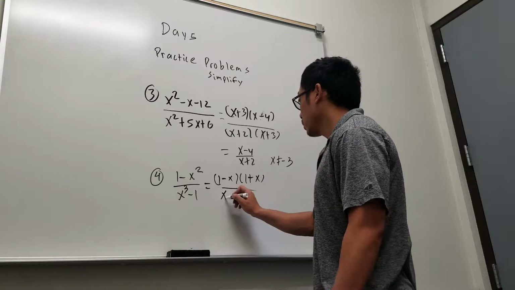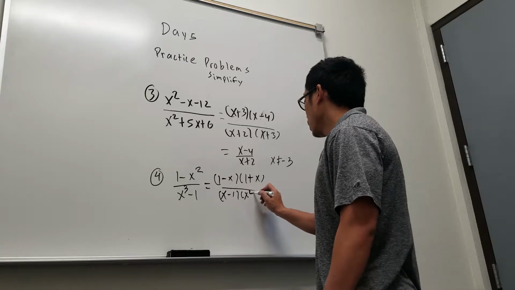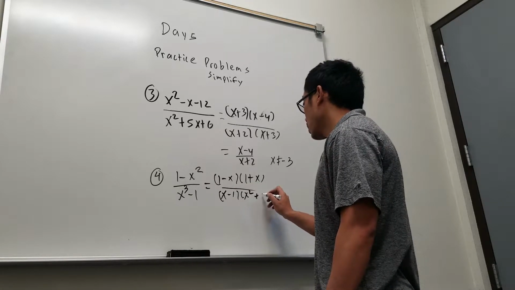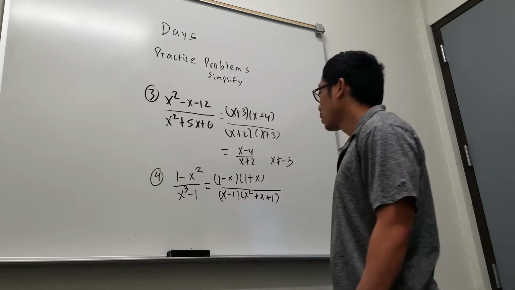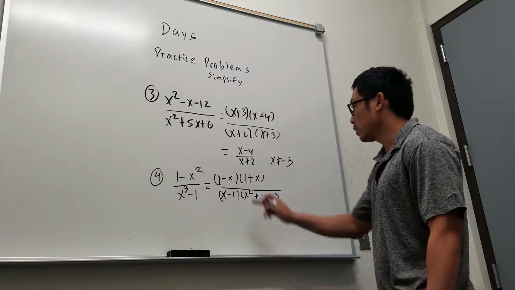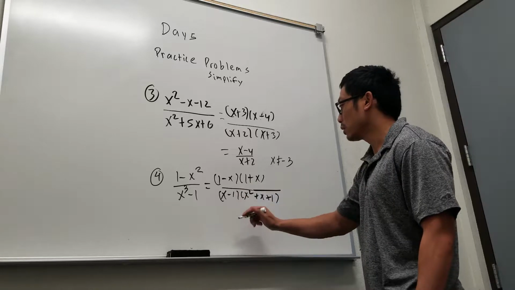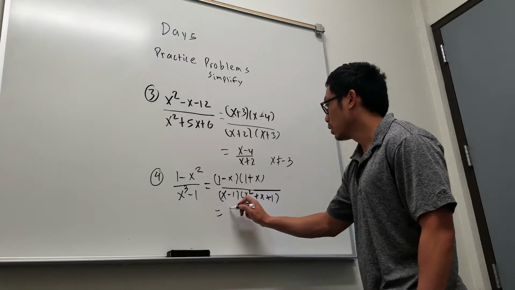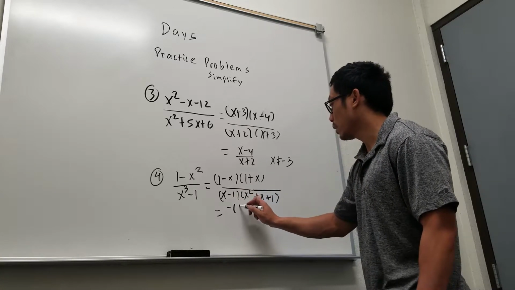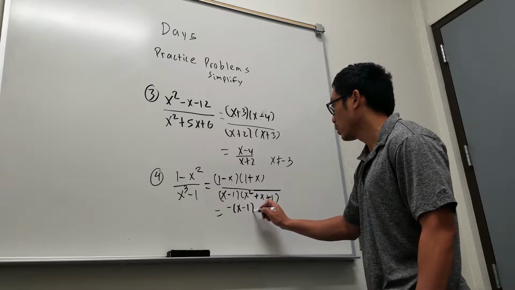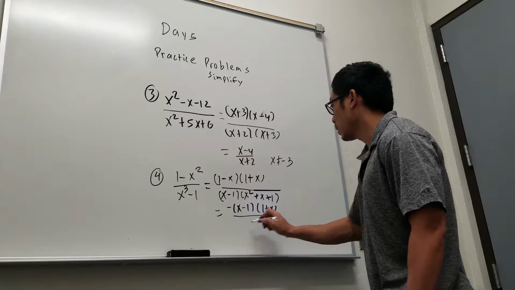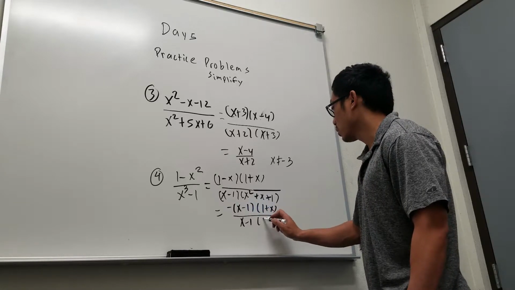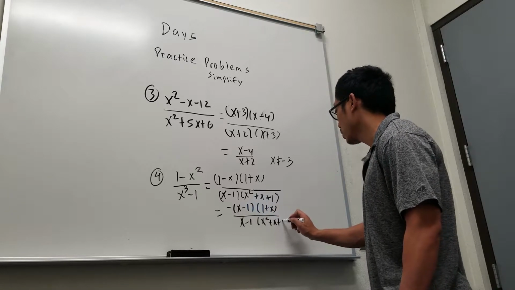On the factors, this one is the difference of cubes, so x minus 1 times x squared plus x plus 1. As you notice, this and this are actually the same, but you just have to divide by a negative 1. If I take out a negative 1 here, it would be x minus 1. This is 1 plus x, then you have x minus 1, x squared plus x plus 1.